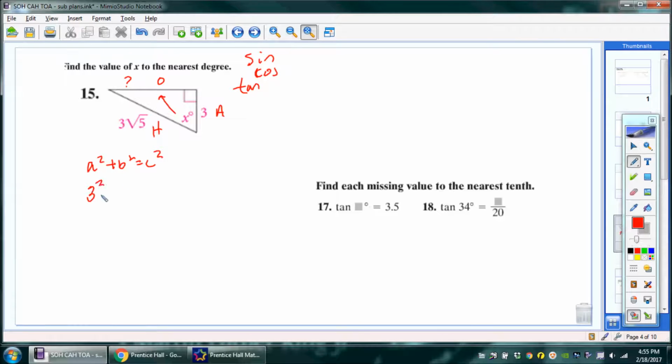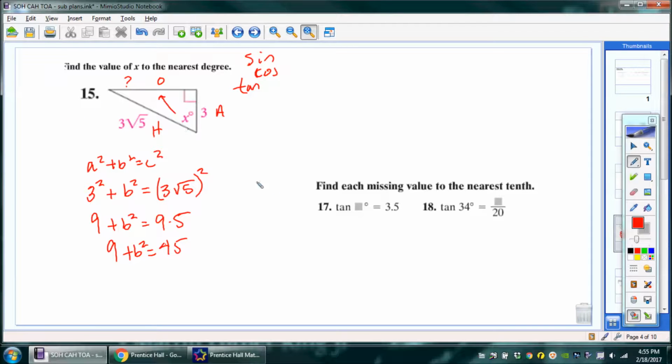So 3 squared plus, I don't know what that is, b squared equals 3 times the square root of 5 squared. So you could solve for that other side using Pythagorean theorem. So what's that? That's going to be 9 times 5, because 3 squared is 9, square root of 5 squared is 5. So we'll have 9 plus b squared equals 45, and then you can solve for b and place it there.